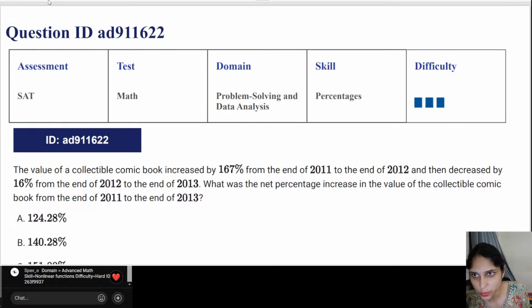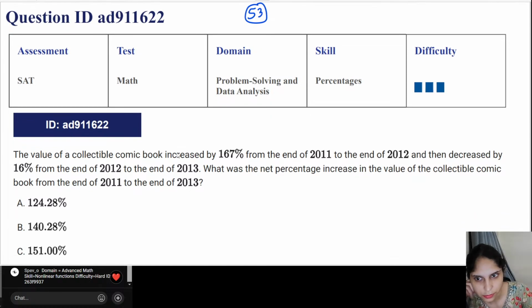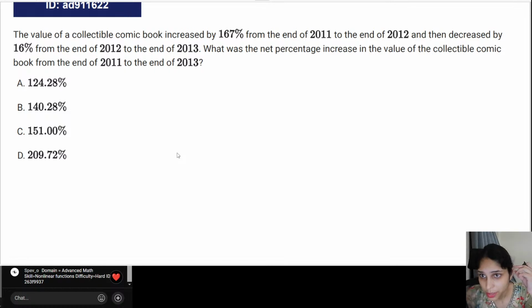Now the last question is question number 53. The value of a collectible comic book increased by 167% from 2011 to 2012, and then decreased by 16% from 2012 to 2013.